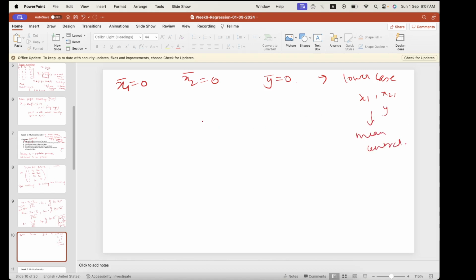Alright, so if I do a summation xi1 square, I would get 1. If I do xi2 square, it would be 1, and summation yi square will also be 1.